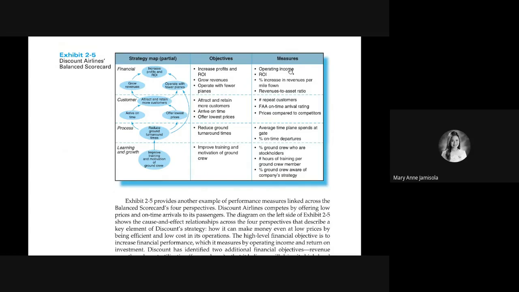That's revenues minus expenses, right? And then they can also use the return on investment ratio. Then they also want to grow revenues, right? So how do they measure this? They will want to measure this through the percentage increase in revenues, let's say per mile flown, and so on. Okay?